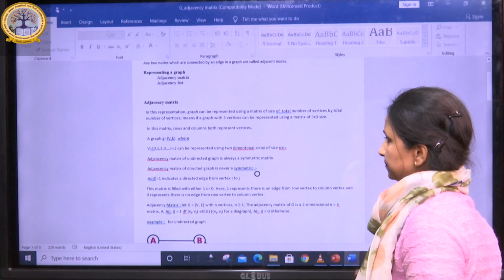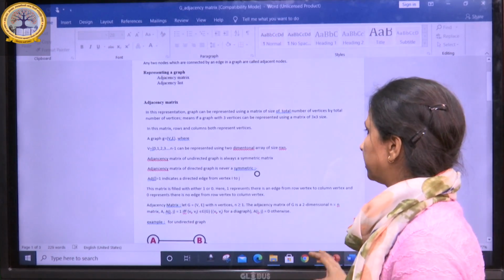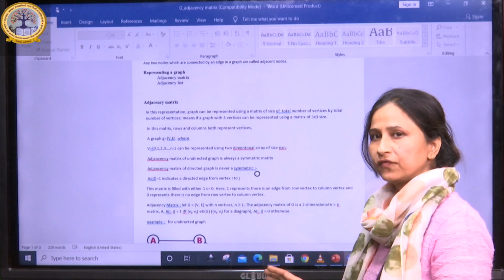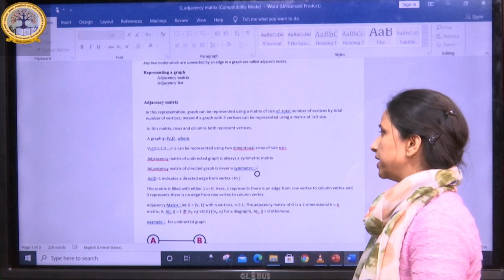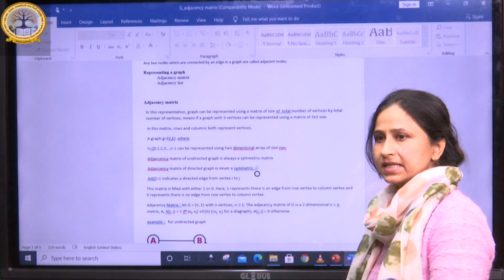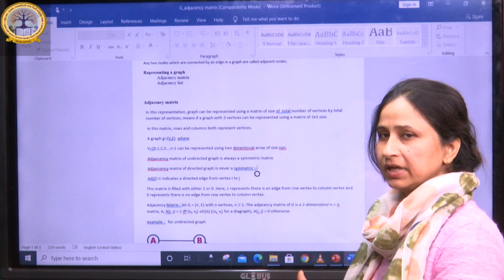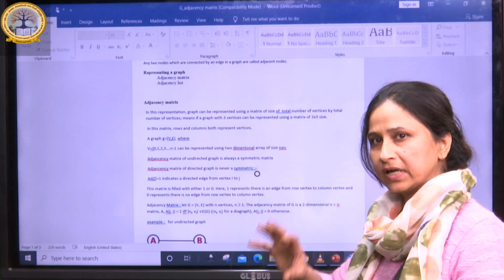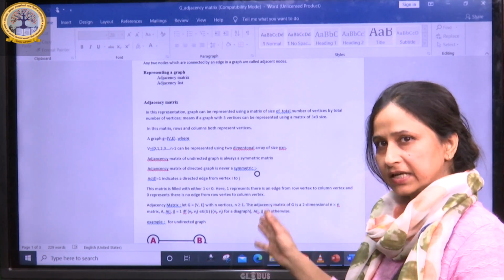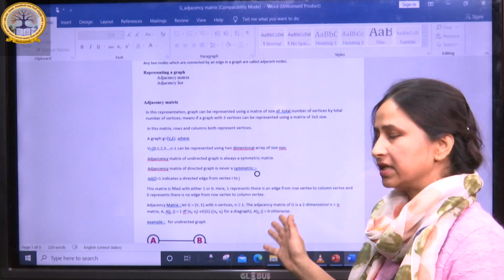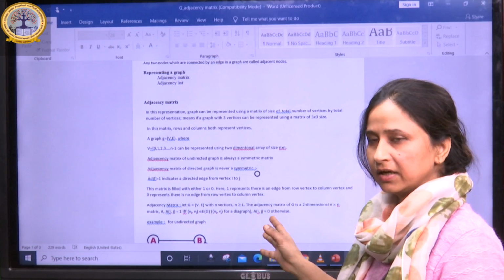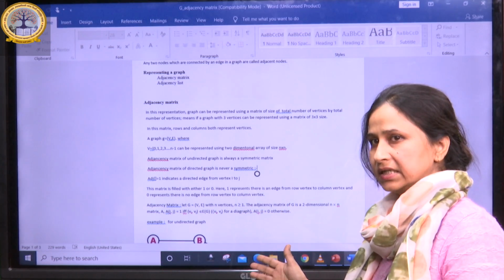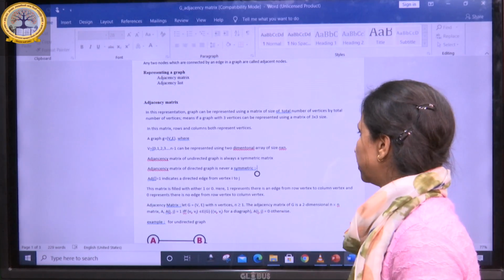Adjacency matrix of an undirected graph is always symmetric, and adjacency matrix of a directed graph is not symmetric. It means that if there is a direction, we can go from one node to another only in that direction, and if there is no direction, then we can travel from initial node to destination node and destination to initial node.